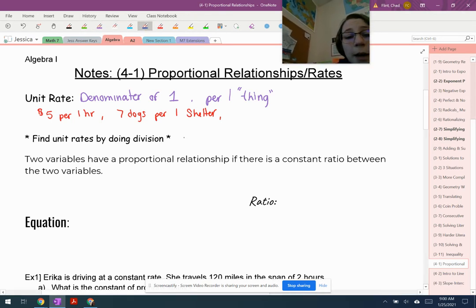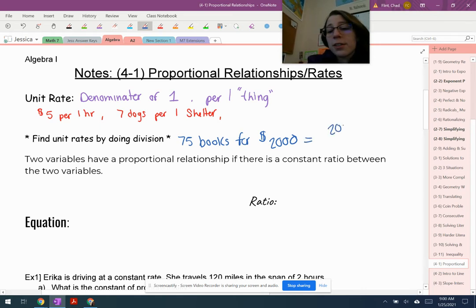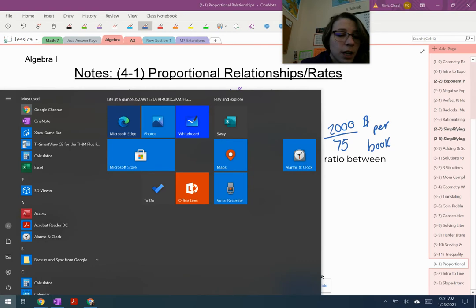If I tell you that I bought 75 books, that's a little insane. What's a normal thing to buy 75 of? I don't know. We'll be ridiculous. If I bought 75 books for, let's say, $2,000, I would find a unit rate by doing how many dollars per book by setting up that division. 2,000 divided by 75, I don't know what that is off the top of my head at all.